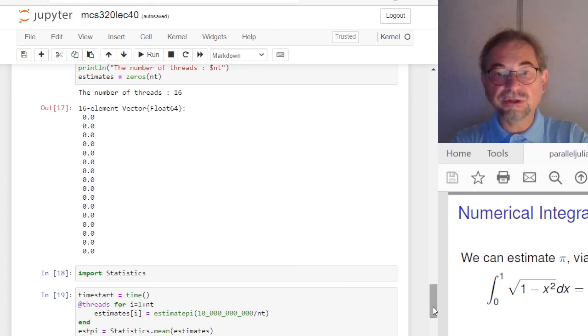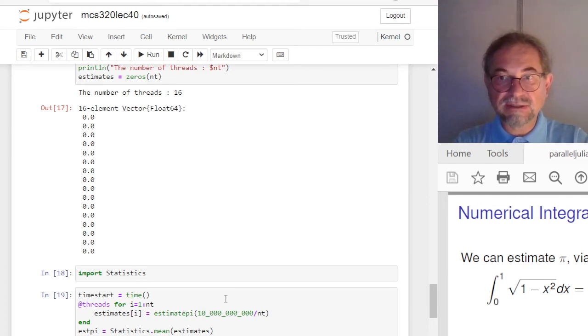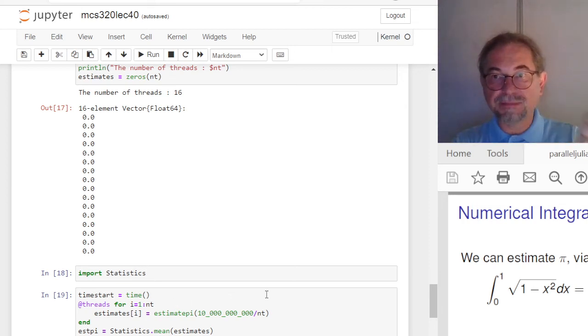And now comes the other construction. We can define a parallel for loop. This parallel for loop will actually map the function estimate pi to the threads. So it is a loop, but the loop is a parallel loop, so it's executed instantaneously.